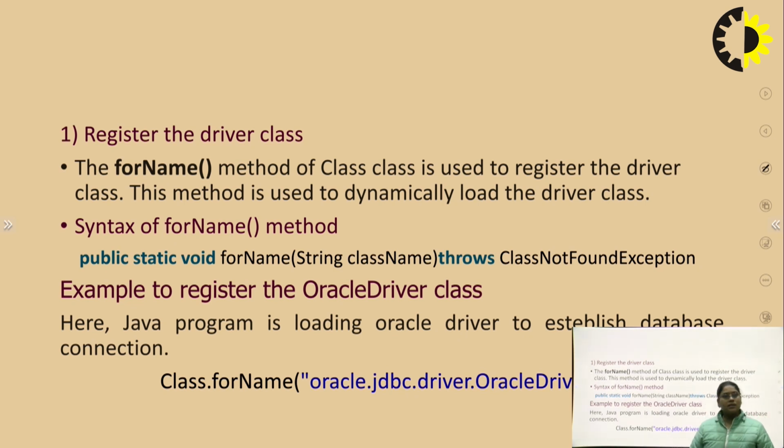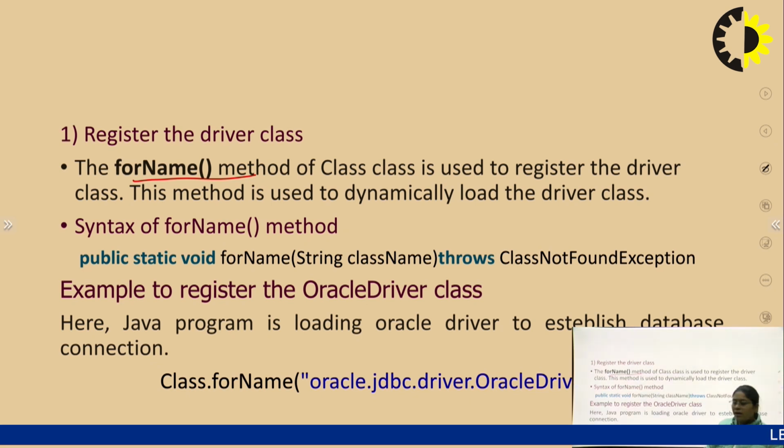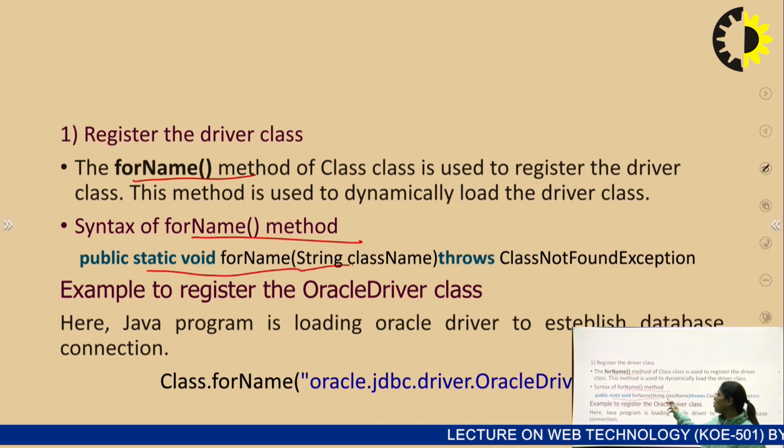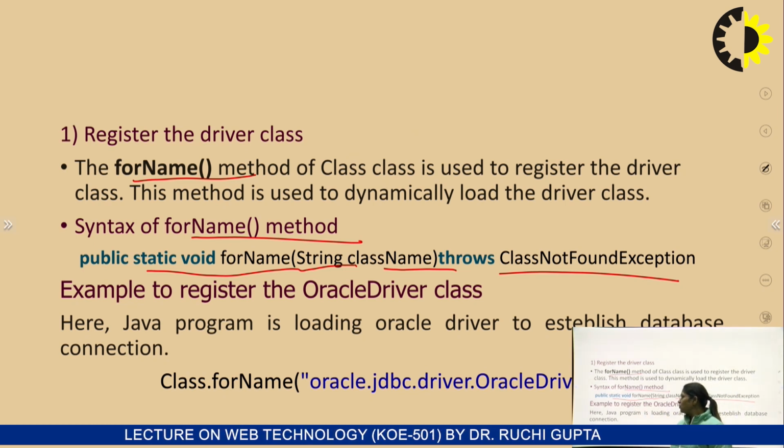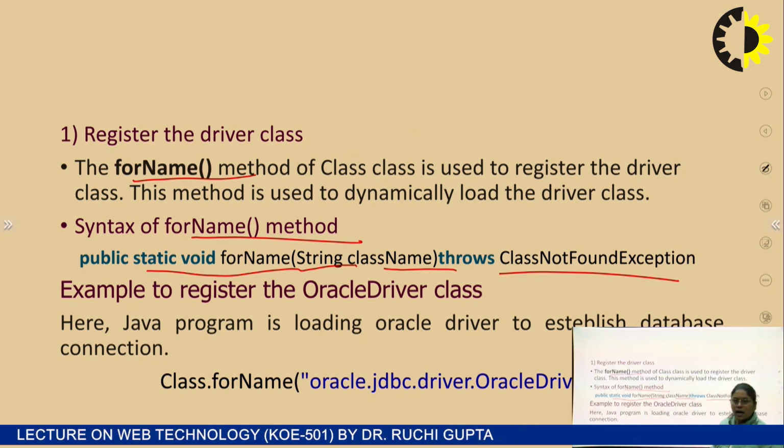So how can we register this driver class? The forName method of the Class class is used to register the driver class. What is the syntax to load the driver class? The forName method: public static void forName(String className) throws ClassNotFoundException. For example, I want to register the Oracle driver class.